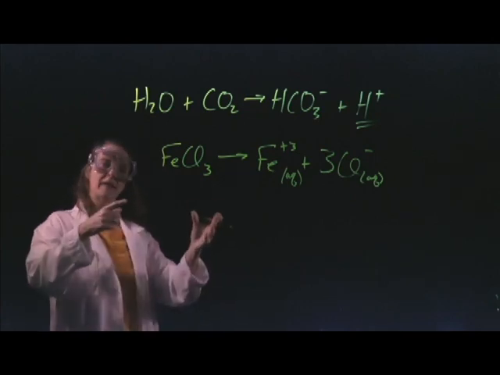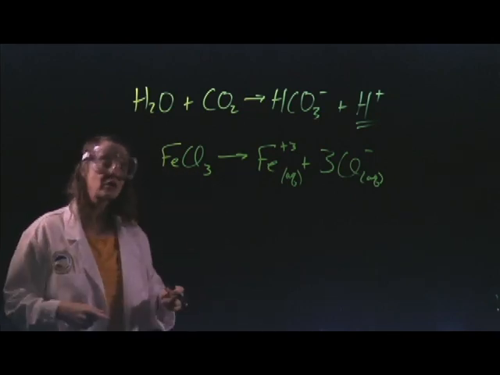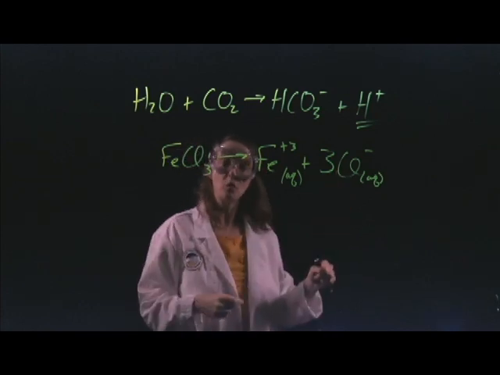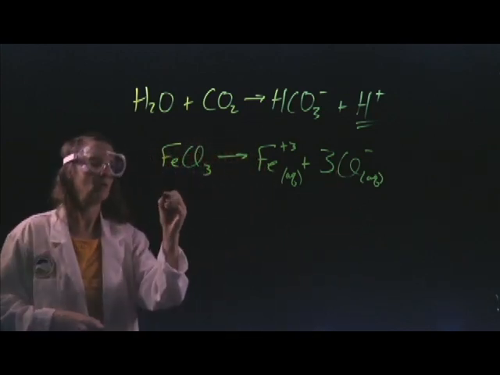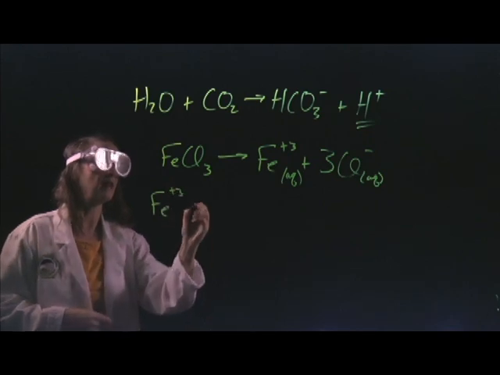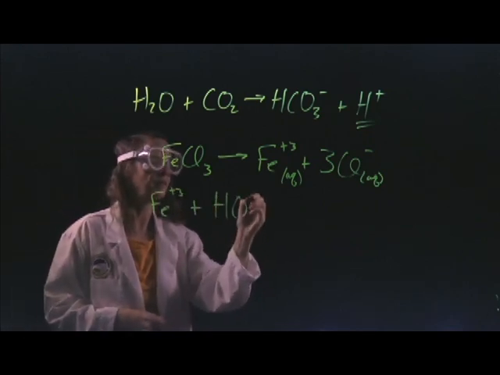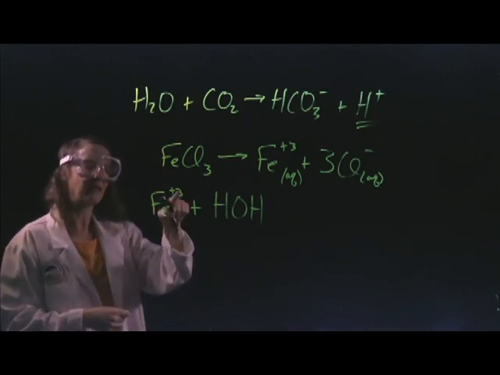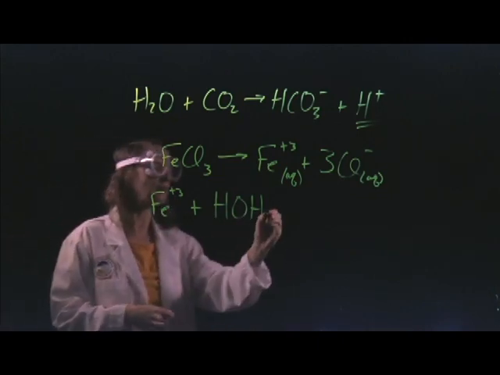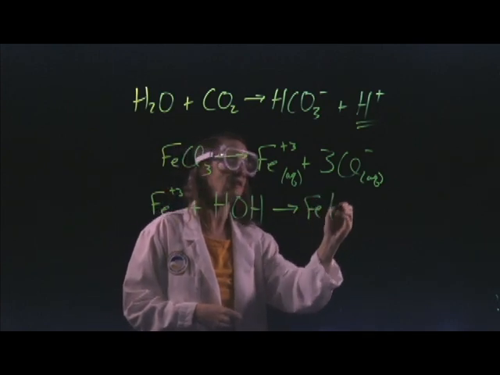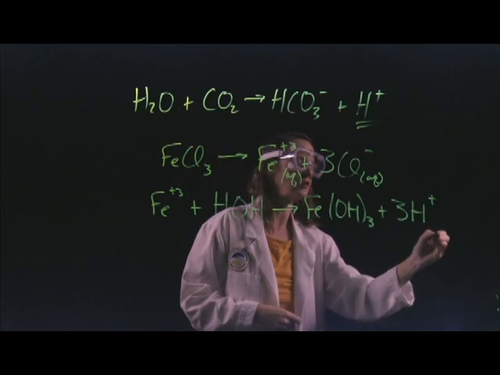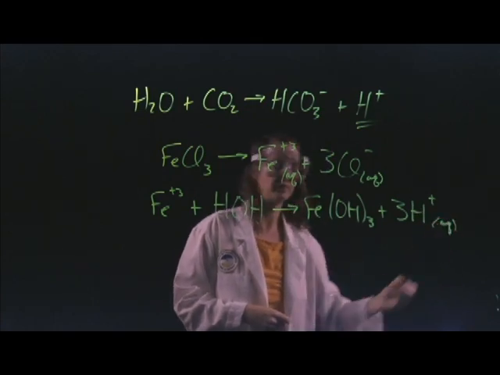When we think about what the pH of a salt solution ought to be, we look at how each of the ions would react in water. If we think of iron ions reacting with water, I'm going to write water as H plus and OH minus together, so we can think of the positive ions picking up the negative ones to generate, in this case, iron 3 hydroxide with 3 hydrogen ions left over.